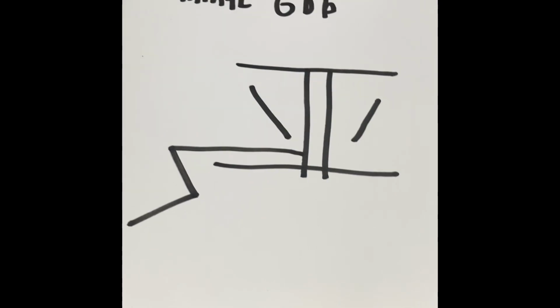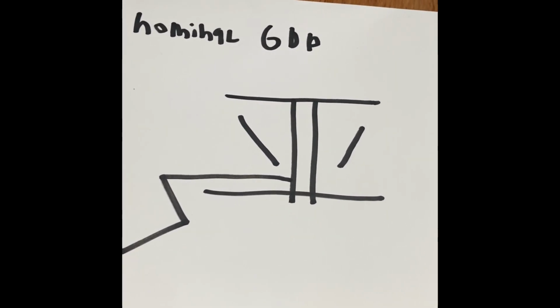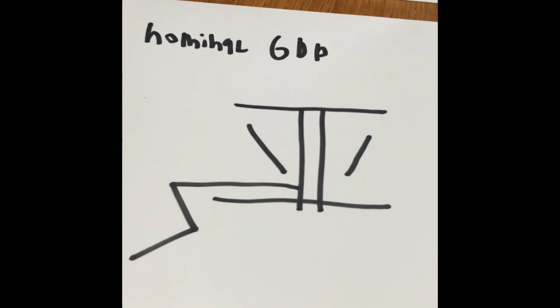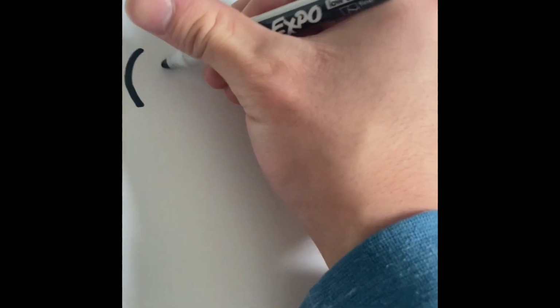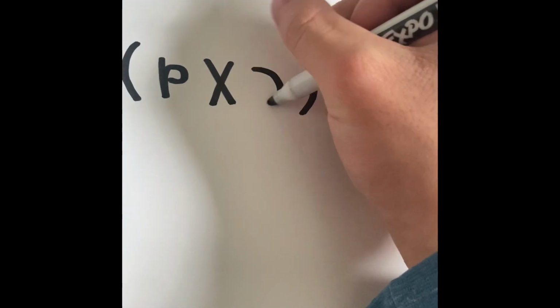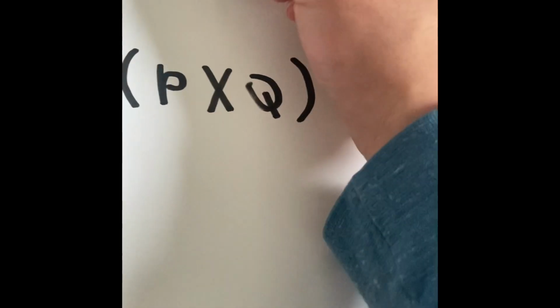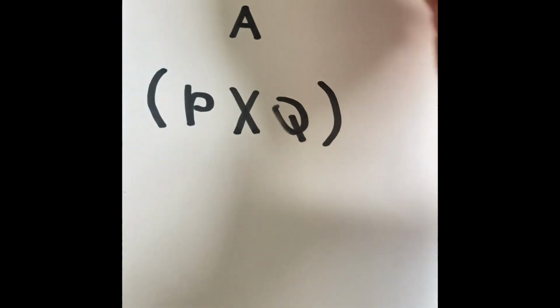But let's get started. To understand the nominal GDP, or to understand the GDP as a calculated whole, there is a formula that we're going to take a look at. The formula is, we're going to put in parentheses the price of a good, multiplied by the quantity of that good. And that is for product number A, or product number 1.